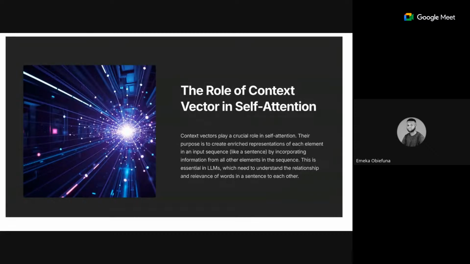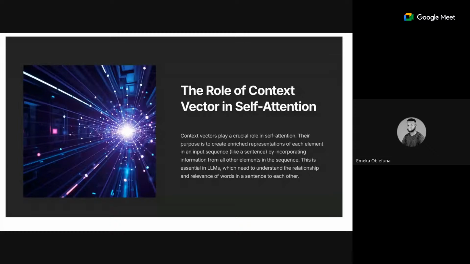So talking of context vector, what exactly is a context vector? It helps us understand the relevance of each word in our input sequence with respect to every token in that sequence. Just like in the last slide, where I showed that we can know the importance of the first token, "your," with respect to Johnny.